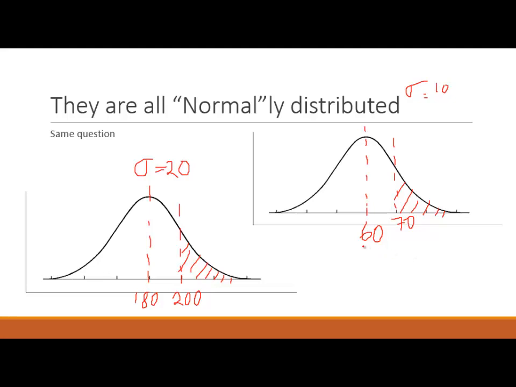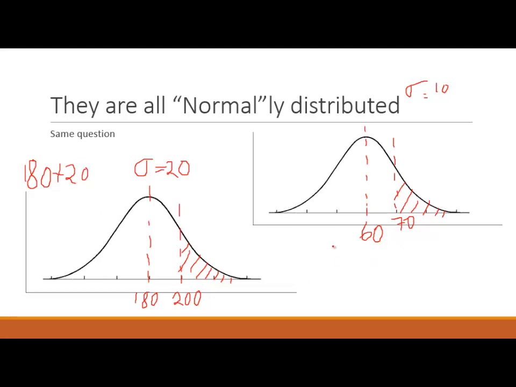Why is it the same? Because both questions are asking you basically this. What is the probability of getting somebody that is more than the mean plus one standard deviation? Okay, so look over to the weight side. If I ask you what is the probability of getting somebody that weighs 200 pounds or more, that is basically the mean, 180 pounds, plus one standard deviation, okay?